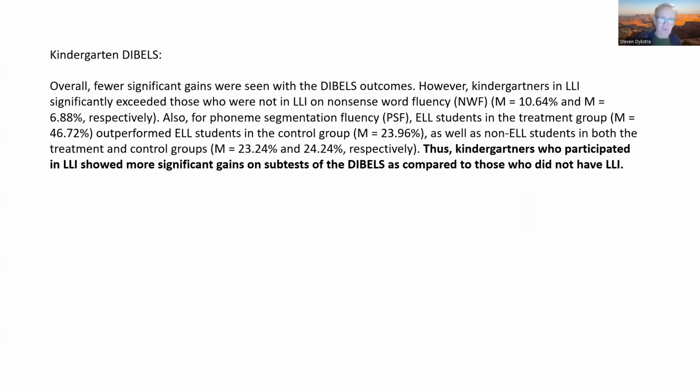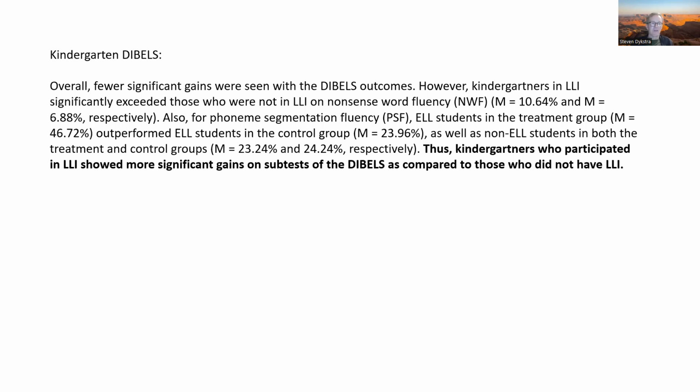This is the summary they gave in this results section. This is the summary you read right before you see the table of results. And I'll show you the table of results soon. Overall, fewer significant gains were seen with the Dibbles outcomes. However, kindergartners in LLI significantly exceeded those who were not in LLI on nonsense word fluency. Also for phoneme segmentation.